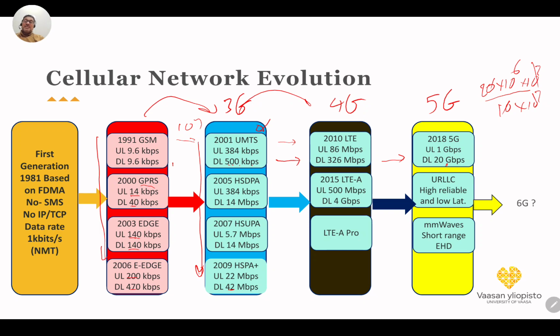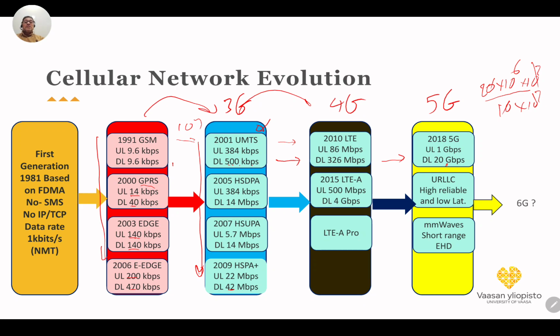It is about 80 times within the same generation. So this gives us some impression of how our cellular network evolved from generation to generation. So 2 million times faster is not a small number actually.